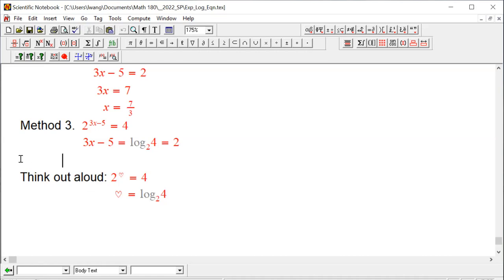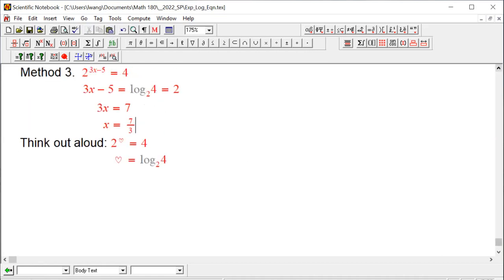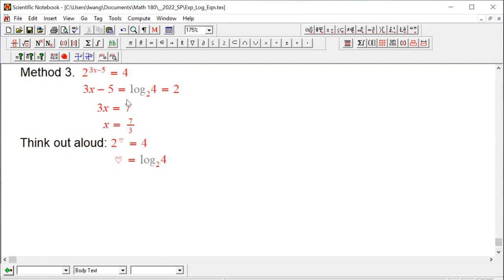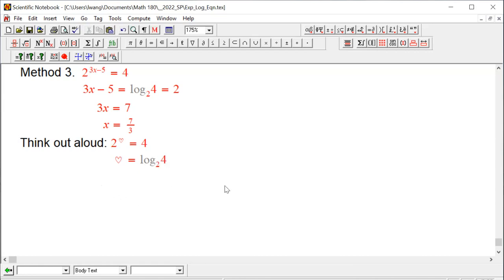And we're done. Finished. So if you use the third method, you can even remove this piece. That's fine. So you visualize this power part as just one entity. Okay, that's method 3.